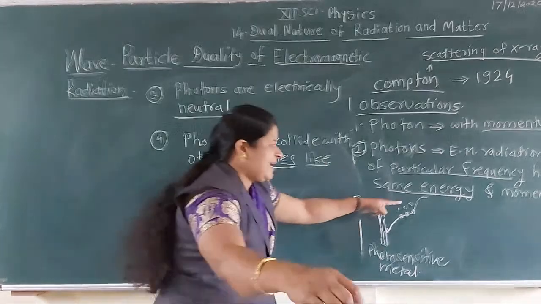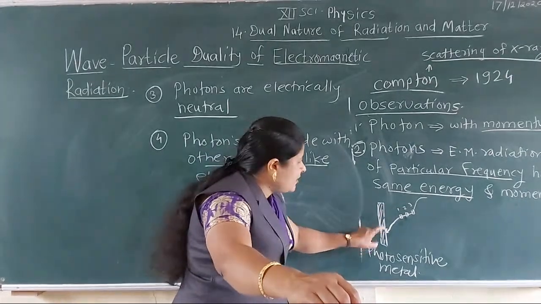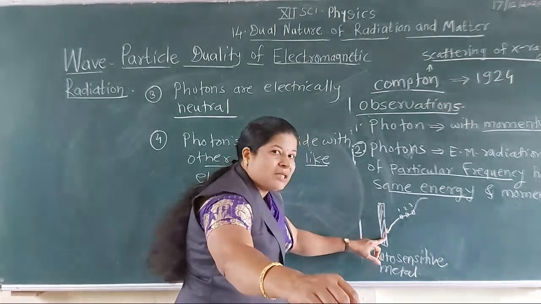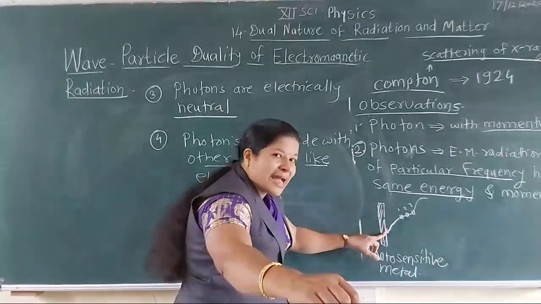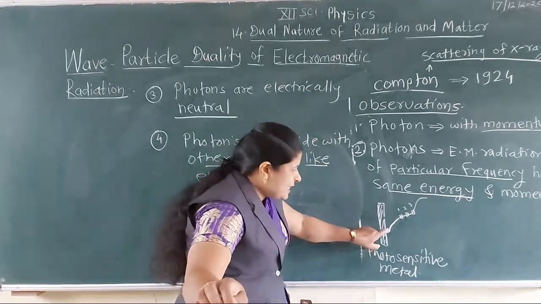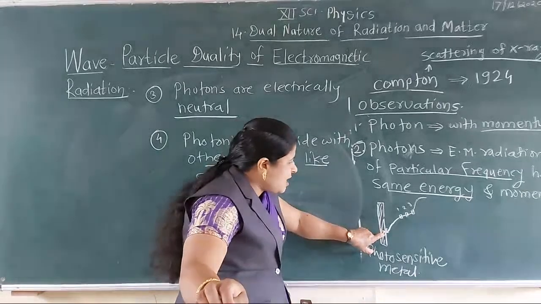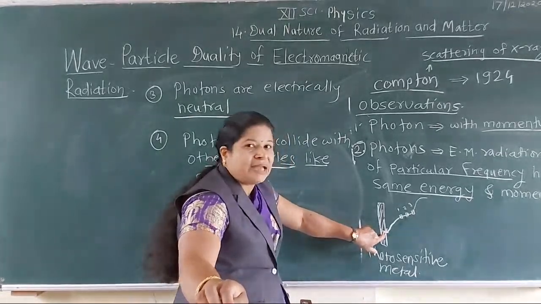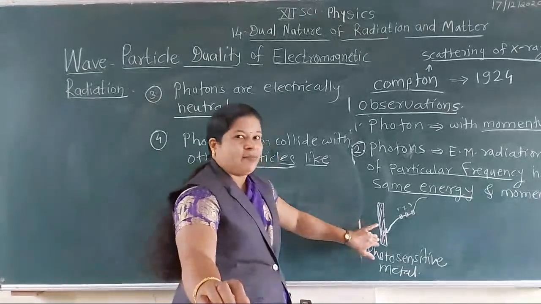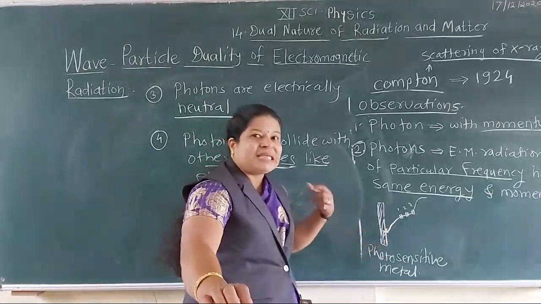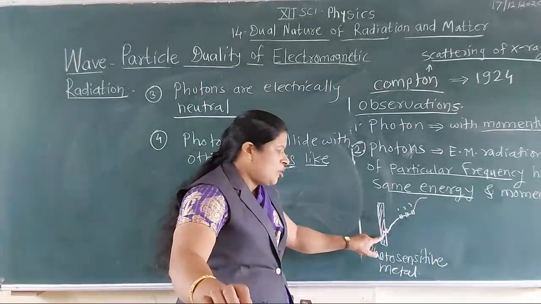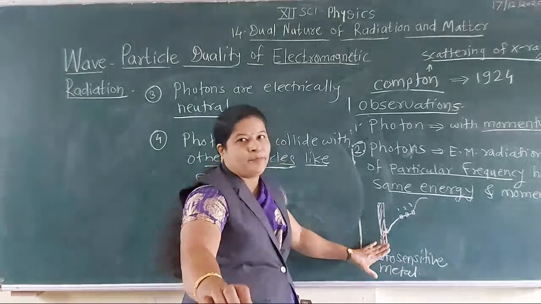Electromagnetic radiation is incident on this metal. As soon as the electromagnetic radiation is incident on the surface of this metal, these photons collide with the electrons inside the metal. At the time of collision, the photon gives its energy to electrons or other particles.